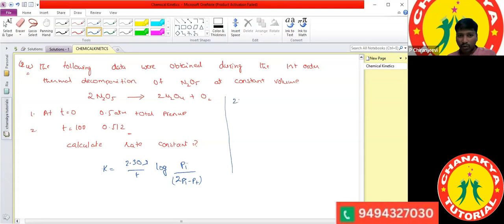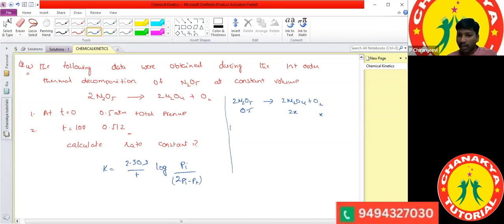Okay. So 2 moles of the N2O5 gives rise to 2 moles of the N2O4 plus O2. In this one, the initial pressure we had taken as 0.5. Okay. So it forms 2x of N2O4 and x moles of the oxygen gas is formed. Okay.